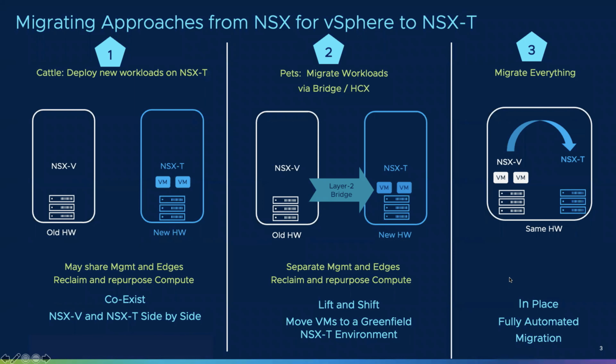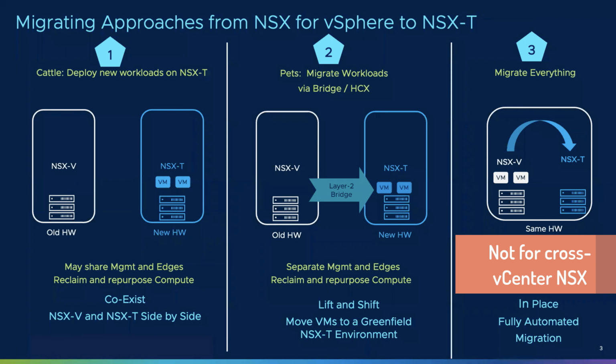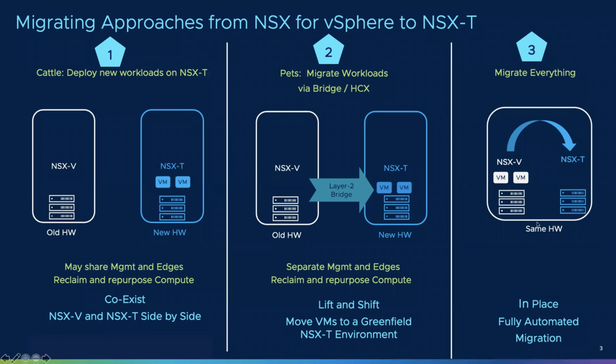There is another option, option number 3, which is migration using the migration coordinator. This is a fully automated option, where NSX does the migration using the same hardware, which means you are not going to have any other NSX T environment.